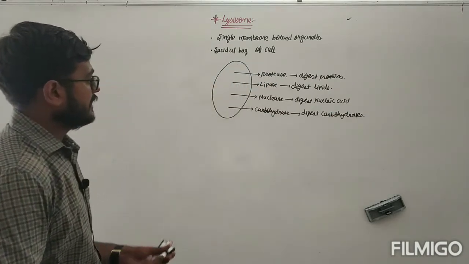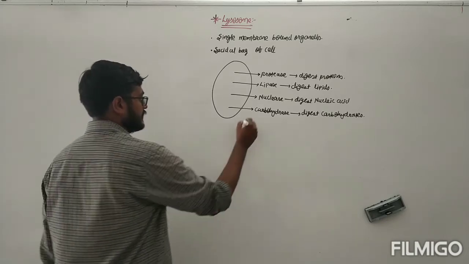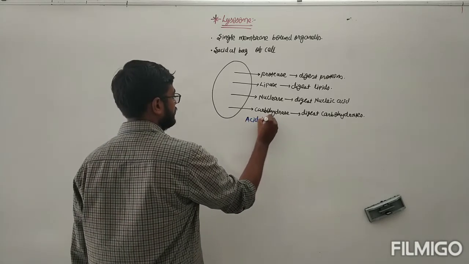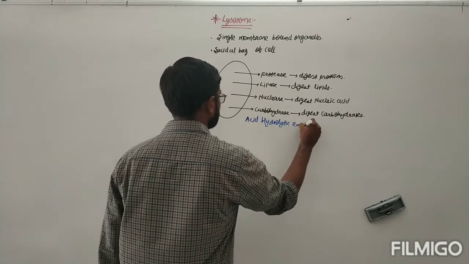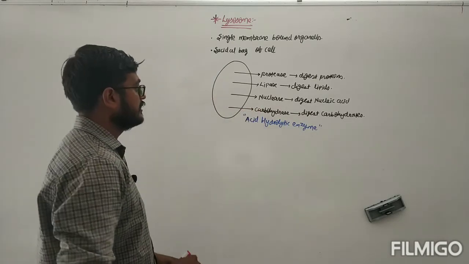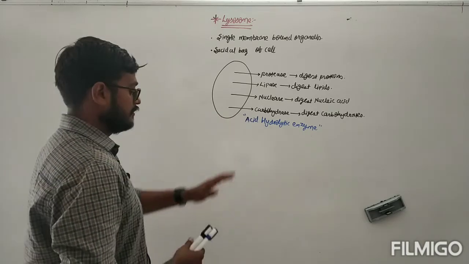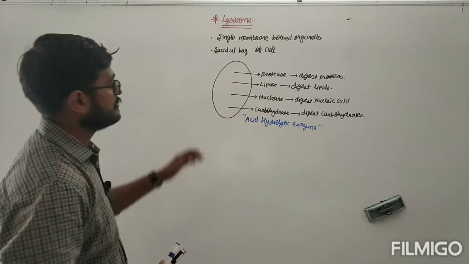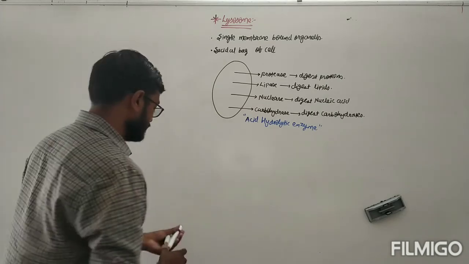So these are the various kinds of enzymes. These are the acid hydrolytic enzymes, and they digest with the help of an acidic mechanism. One of the most important characteristics of the lysosome is to carry out the process of phagocytosis.